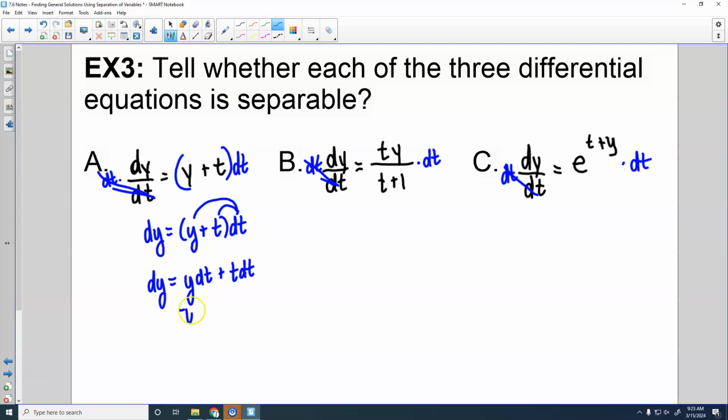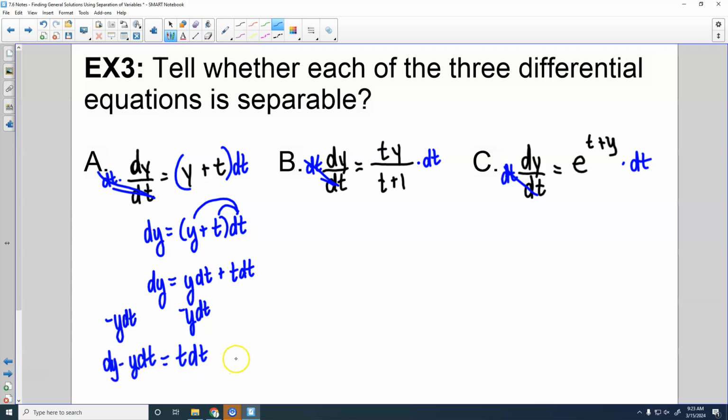And I could subtract it now, but there's a dt hooked to it, right? Which means I got dt on that side. So then I would have dy minus y dt equals t dt. Is there any way to get rid of that dt? What if I divided it?